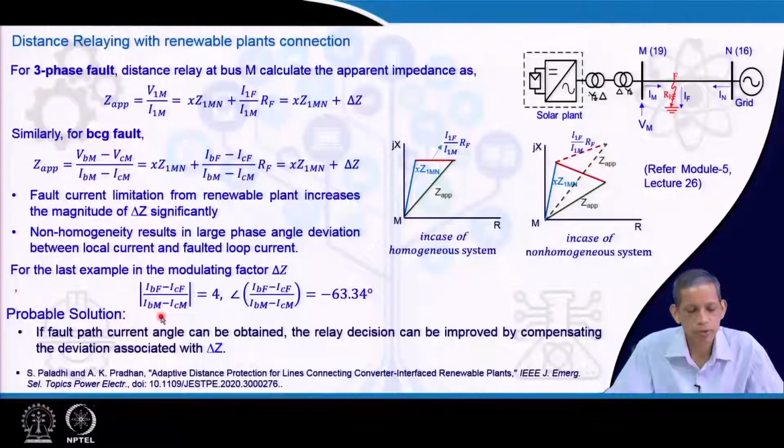So, therefore, we say that the relay malfunction is due to this non-homogeneity, the angle introduction, and then the current ratio magnitude also may be significant because of the current limitation by the inverter based renewable resource. Then what are the probable solutions?